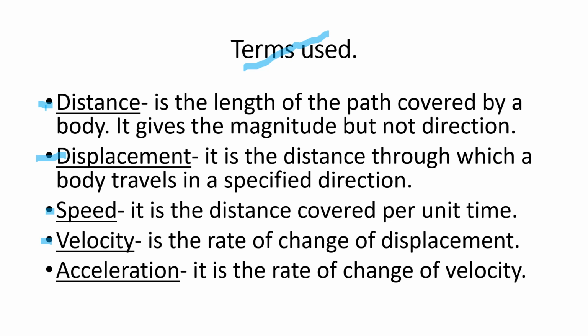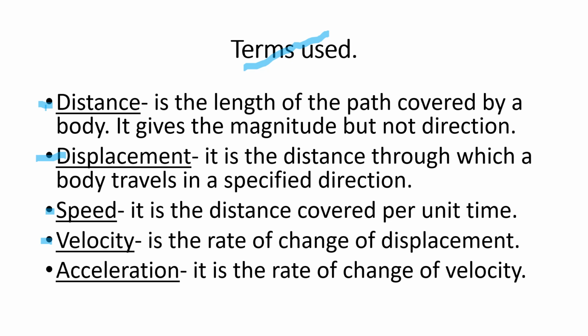You will notice that when the rate of change of displacement is non-uniform, then we talk of average velocity. How to get average velocity will be covered in our next video, where we'll be looking at the formulas and some examples of the calculations. Velocity and speed are both measured in meters per second.